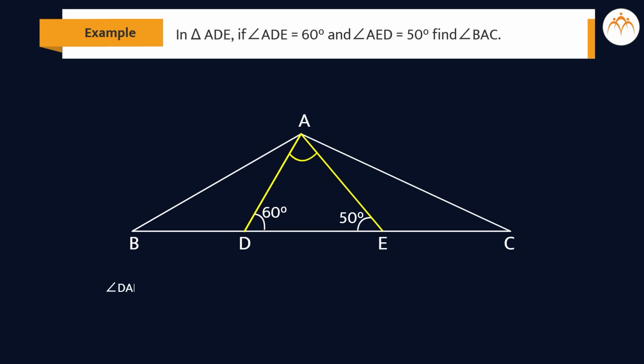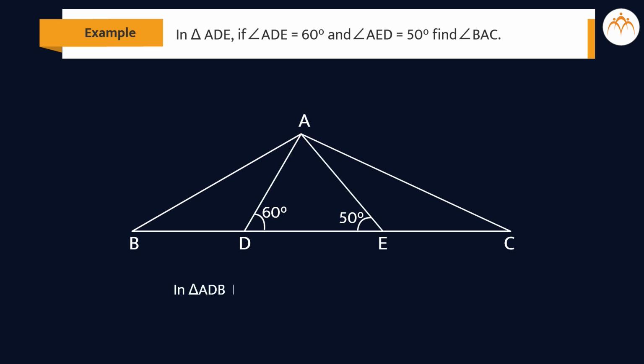Measure angle DAE plus measure angle ADE plus measure angle AED is equal to 180 degree, sum of interior angles of a triangle. Measure angle DAE plus 60 degree plus 50 degree is equal to 180 degree. Measure angle DAE plus 110 degree is equal to 180 degrees. Therefore, measure angle DAE is equal to 70 degree.